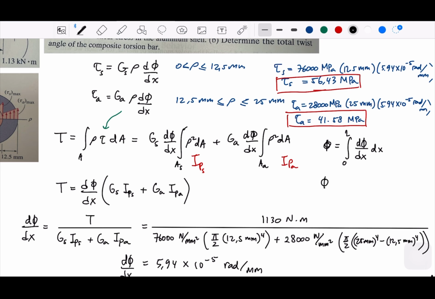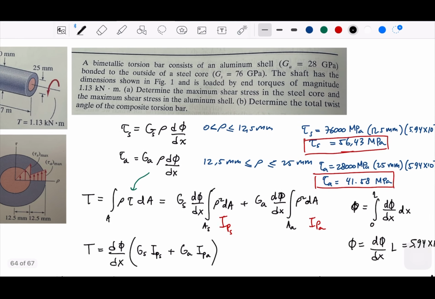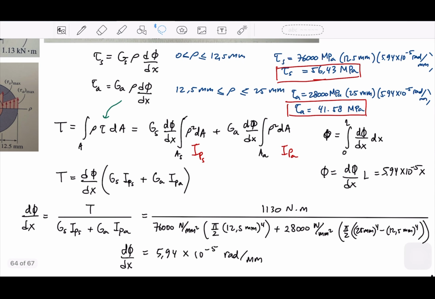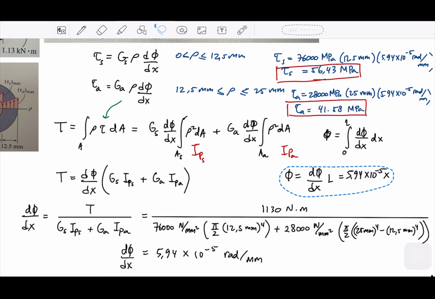Or we just integrate dx and it becomes L. So this is just a multiplication by this L. So this will be 5.94 multiplied with 1.27 meter, which is 0.075 radian.